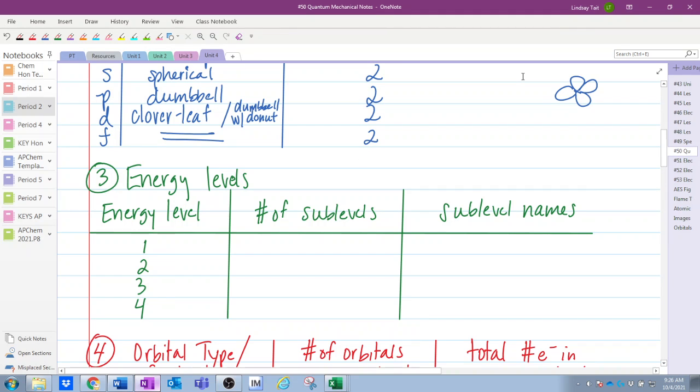When we divide our energy levels into sublevels, the sublevels actually have slightly different energies, but they're close enough that we still group them together on the same energy level. So to jump from a second to a third energy level would be a significant jump in energy, but the difference between the electrons and the sublevels, that's only going to be a small difference in energy.